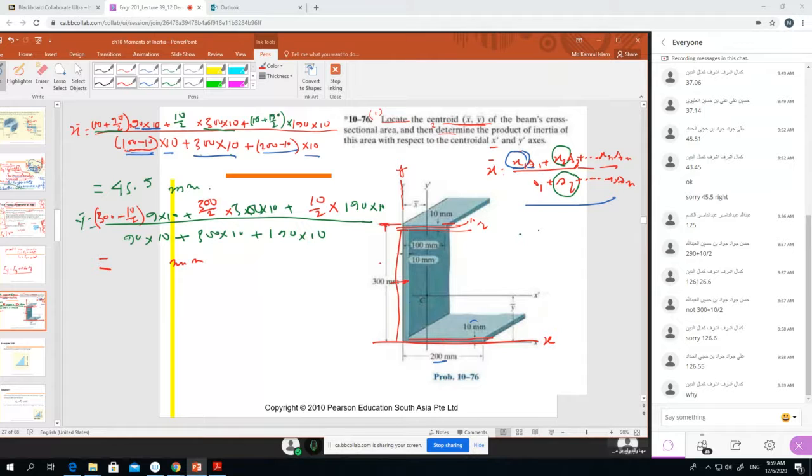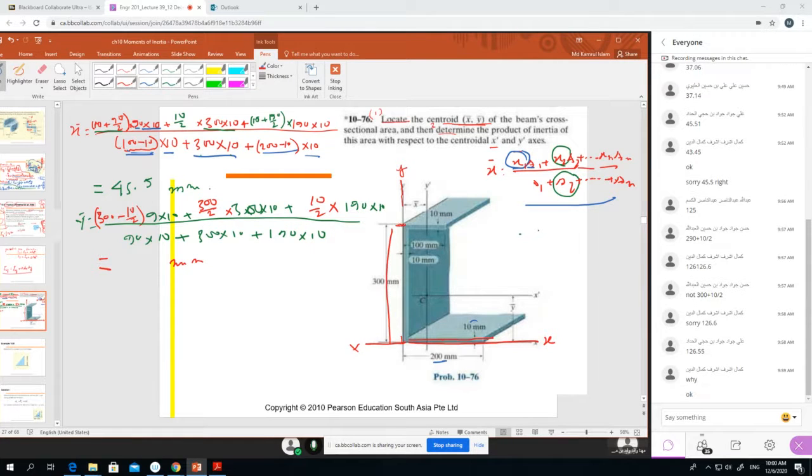After that, y. Now the question is y. Look at the screen, right? Here we start from here; this is our x axis, no problem. From the bottom to the top is 300.